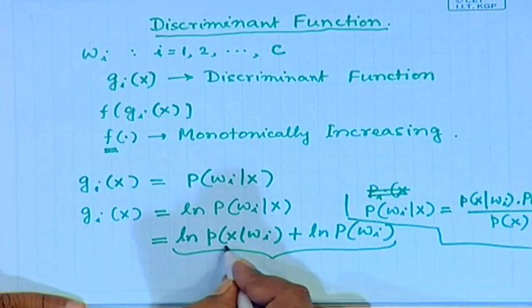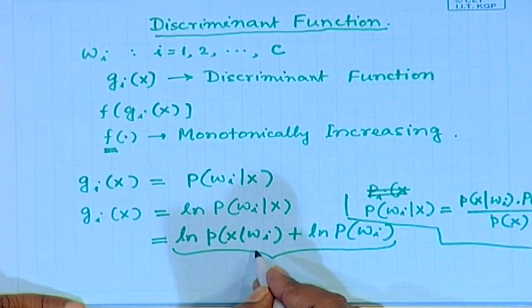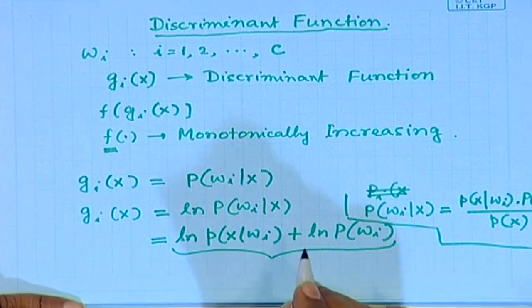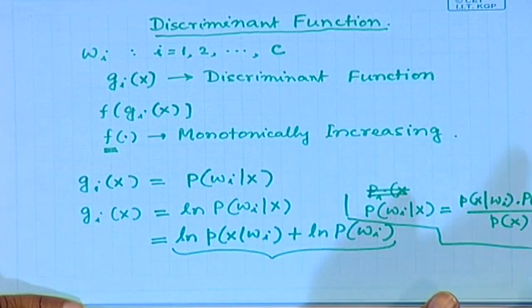Okay, so naturally here you find that because the probability density function or the a priori probability is involved, the structure of this Bayesian classifier will depend upon what kind of probability density we are making use of. We can have various types of probability densities: normal density, Laplacian density, exponential density, Poisson density, and so on.